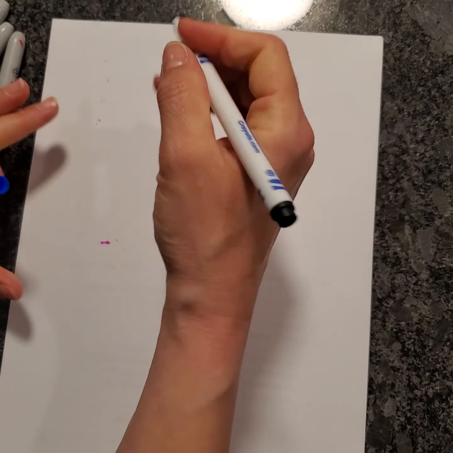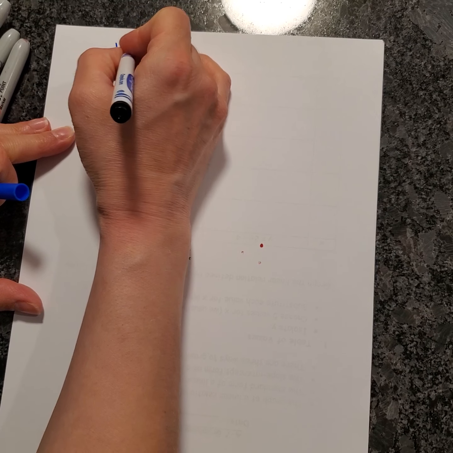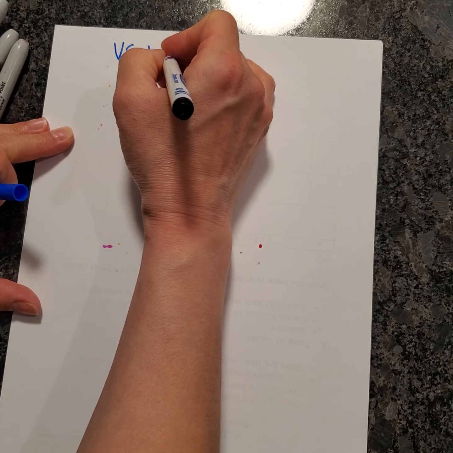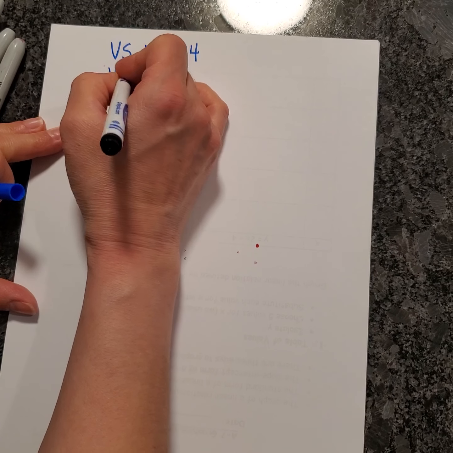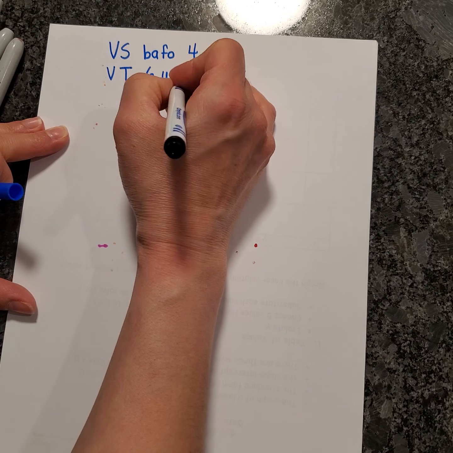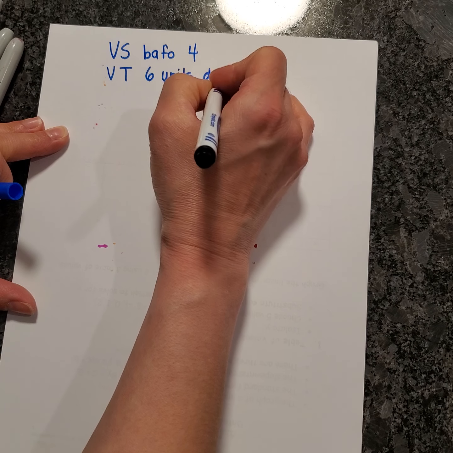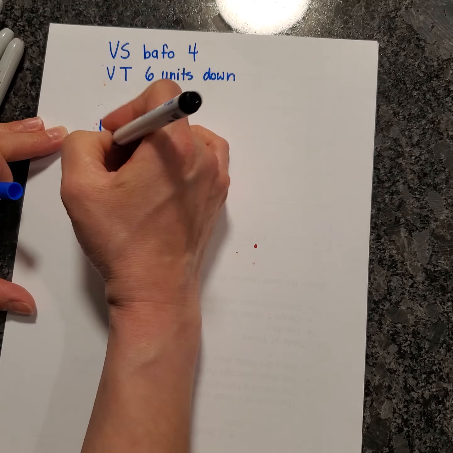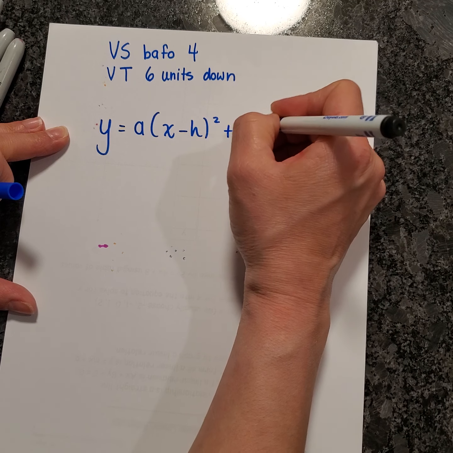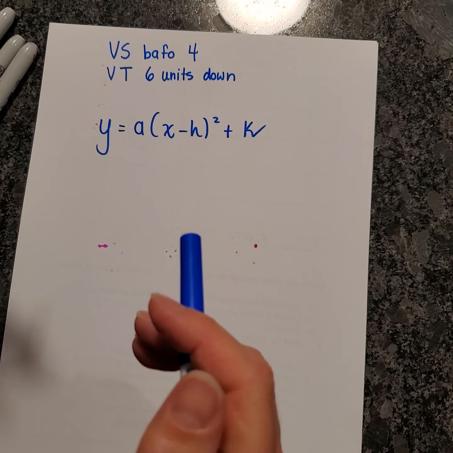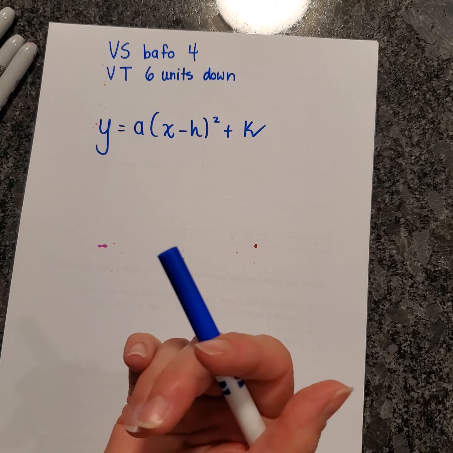So let's say I just said that there was a vertical stretch by a factor of 4 and a vertical translation 6 units down. Okay, again, every quadratic relation in vertex form follows this format. Now we just need to make sure we fill these in the right spots.